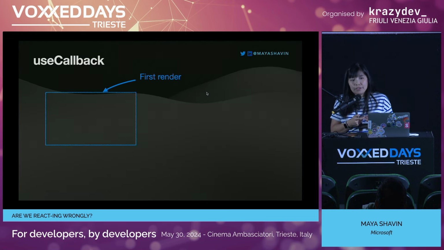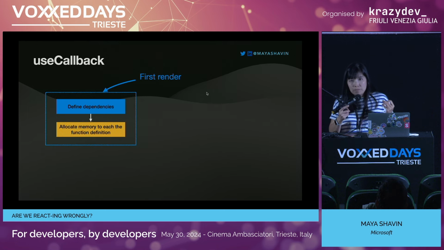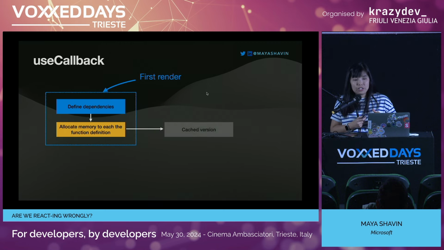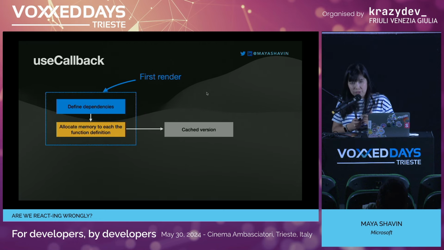So what happened in the first render cycle? In the first render, it sees that it has useCallback. It will define the dependency, and then it will create the function definition with the value of the dependency at that point, and then it will allocate memory to cache this function definition, and then the component can use this cached version.